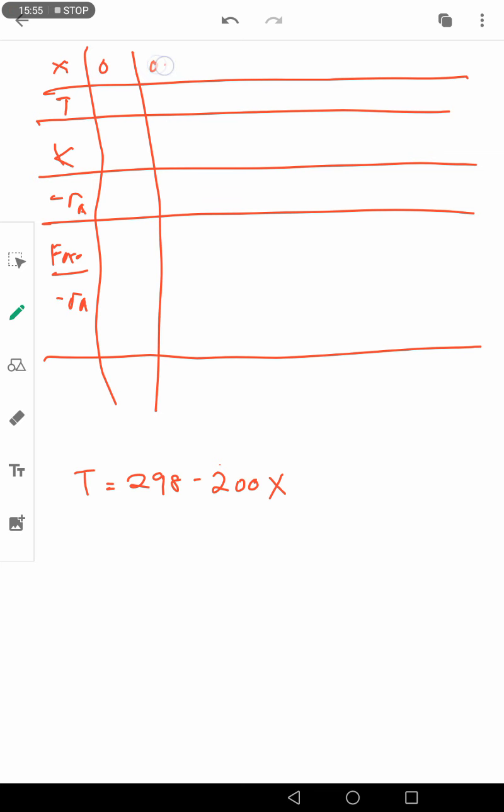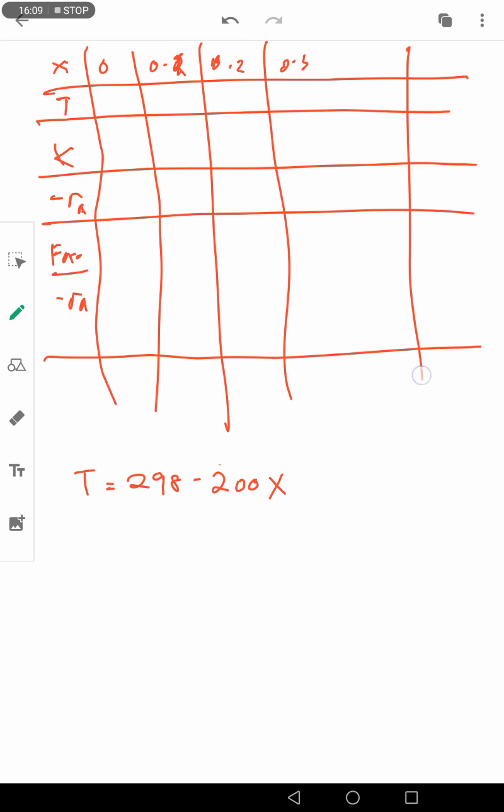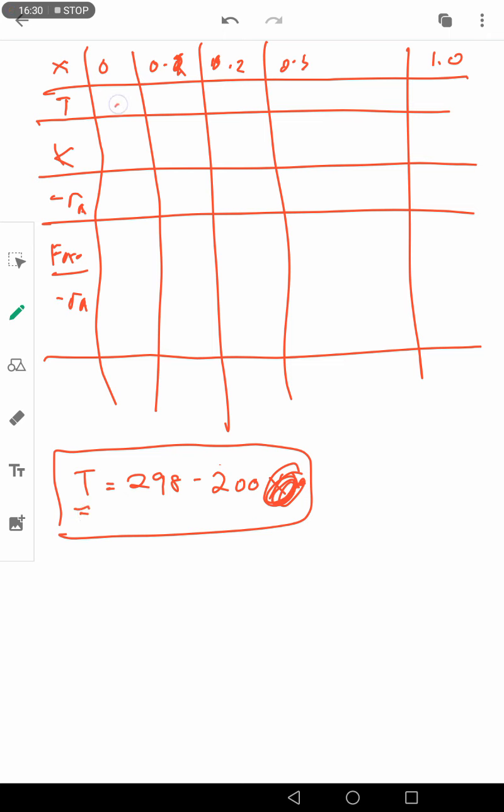Okay, katalah you buat 0.1 ke, 0.2, 0.3 sampailah you dapat 1.0. So bila you ada this information, you boleh masukkan nilai X ni. Okay, 0, 0.1, 0.2, 0.3 you masukkan dalam ni. Bila you dapatkan dalam ni, you boleh cari nilai T.